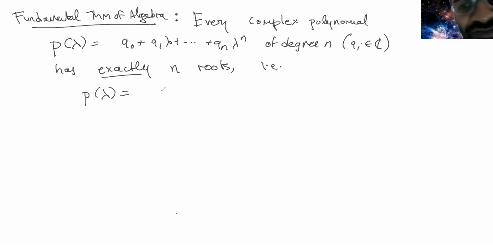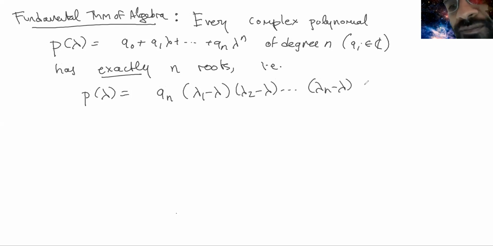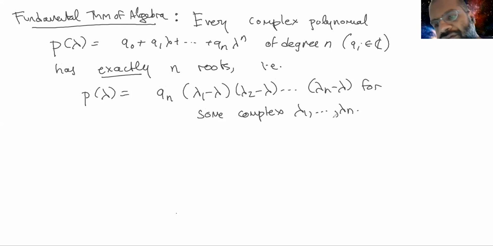You can factor it as an times lambda 1 minus lambda, lambda 2 minus lambda, all the way up to lambda n minus lambda for some complex numbers lambda 1 to lambda n. So this is what's special about the complex numbers.